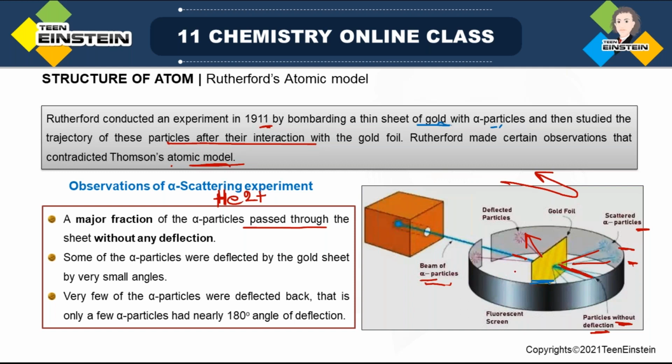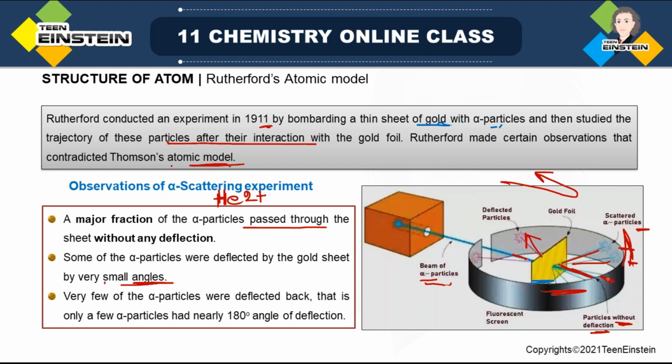So a major fraction of the alpha particles that we are supplying towards this gold foil so that it can bombard it, for most of them there is no deflection. Okay, it is simply going through this gold foil. Some of these alpha particles are deflected by the gold sheet by a very small angle. Just focus on these alpha particles. There is a very small angle deflection.